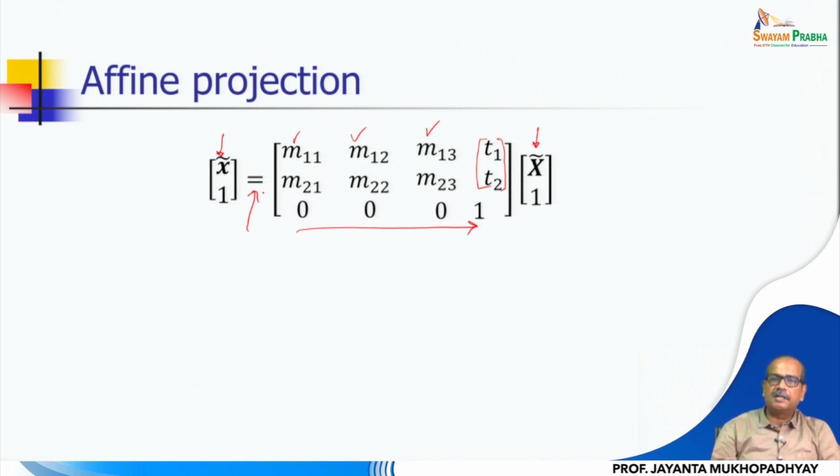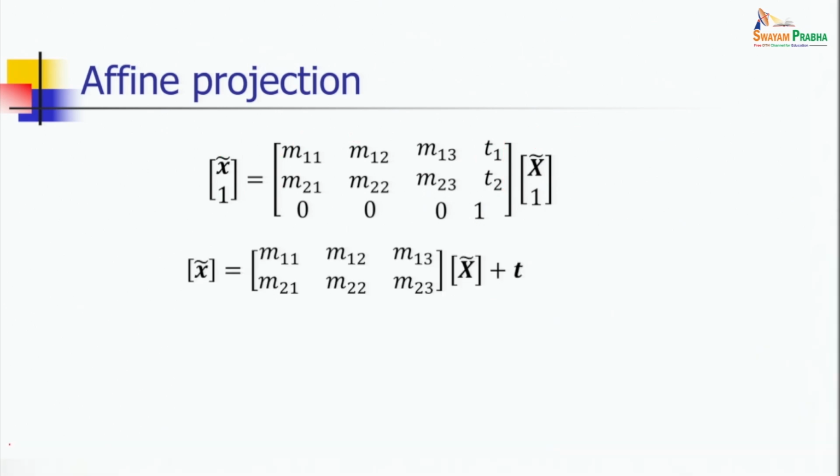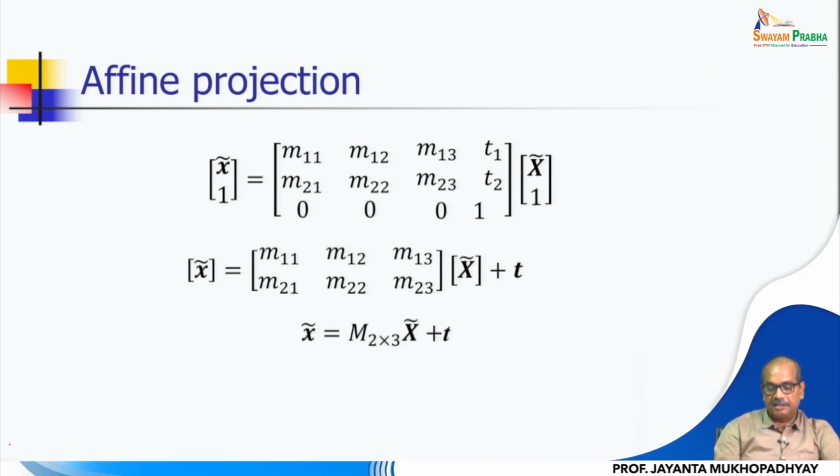First thing, there are less number of parameters in them or elements. So you have only 8. So the first row 4, second row 4, and third row is already given. So since there are only 8 parameters and 8 independent parameters, and you have a point correspondence which will give you once again 2 independent equations. So this is the equations, and this could be also represented in this form.